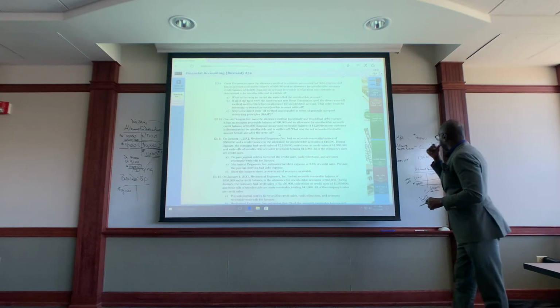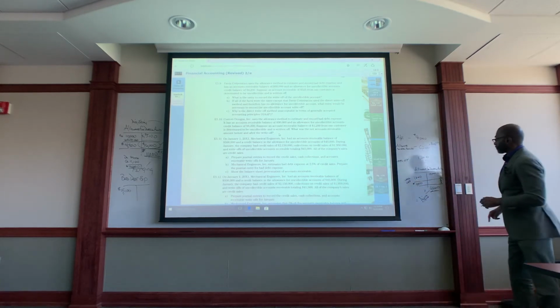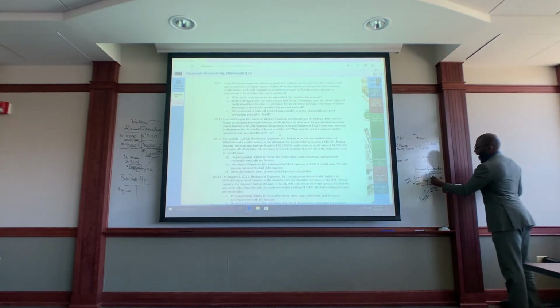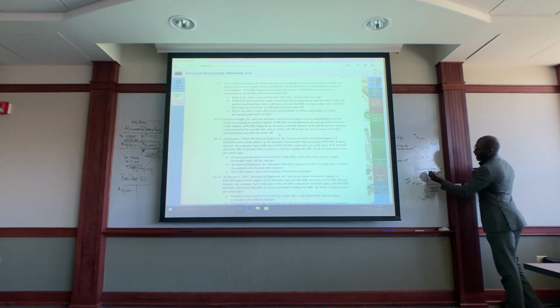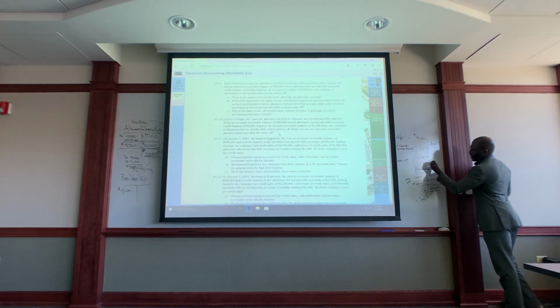So now we show this write-off of $1,200. In my hypothetical example, I put a beginning balance in the allowance of $3,000, which came from the aging of the prior period.